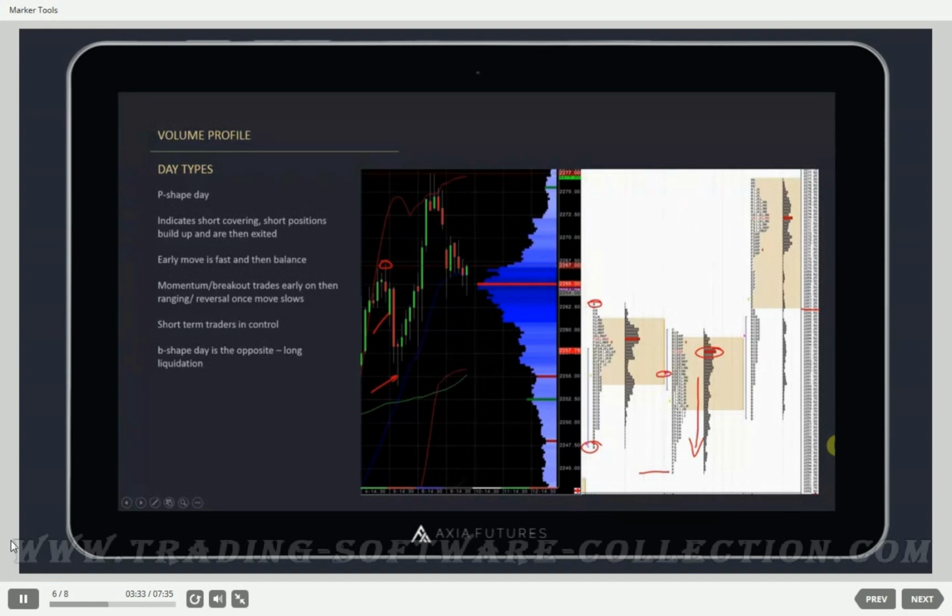And be aware that usually these types of trades happen quite early on in the day. So as soon as we get above this initial balance, which is 66 1/4, you start seeing that move higher very quickly. If you're not on it though, again, this is where understanding what type of day it's going to be, you can then start to plan your trades a little bit more around that.